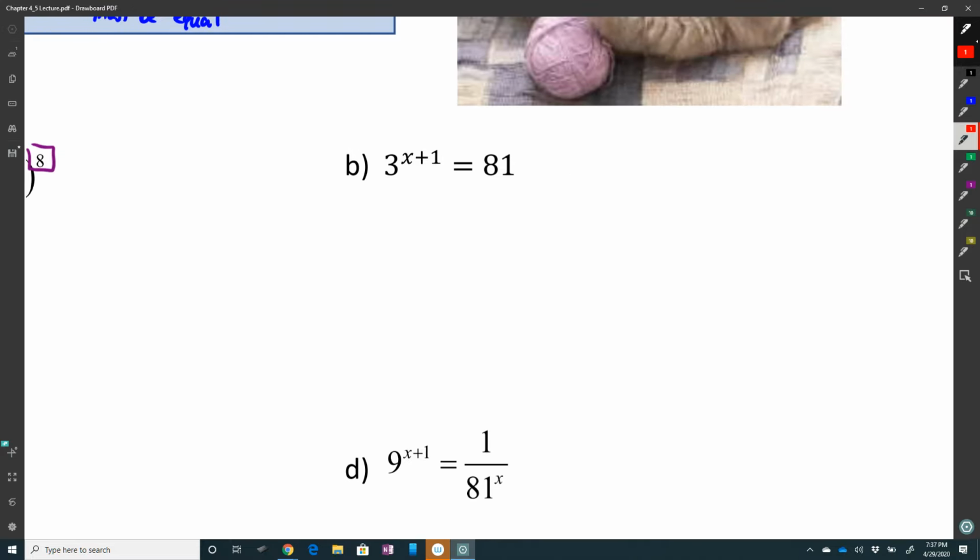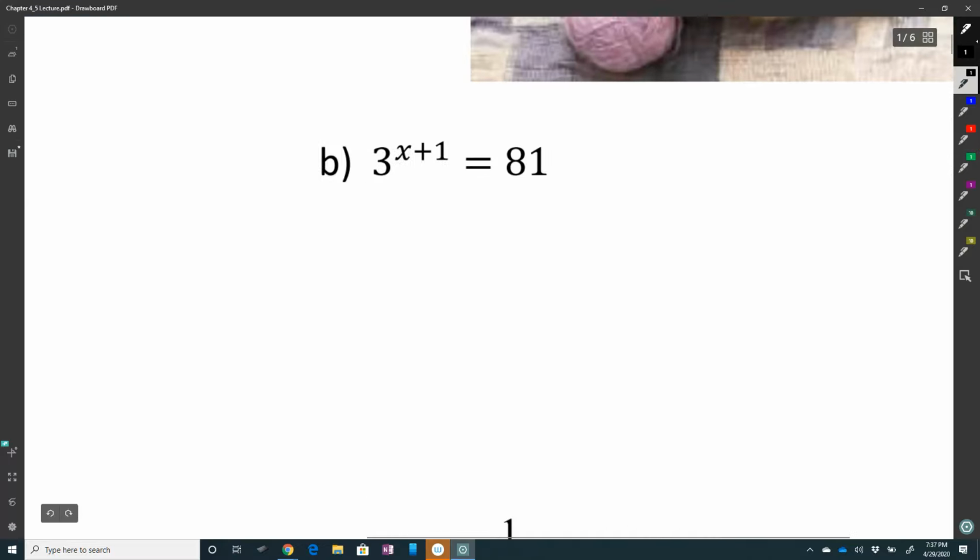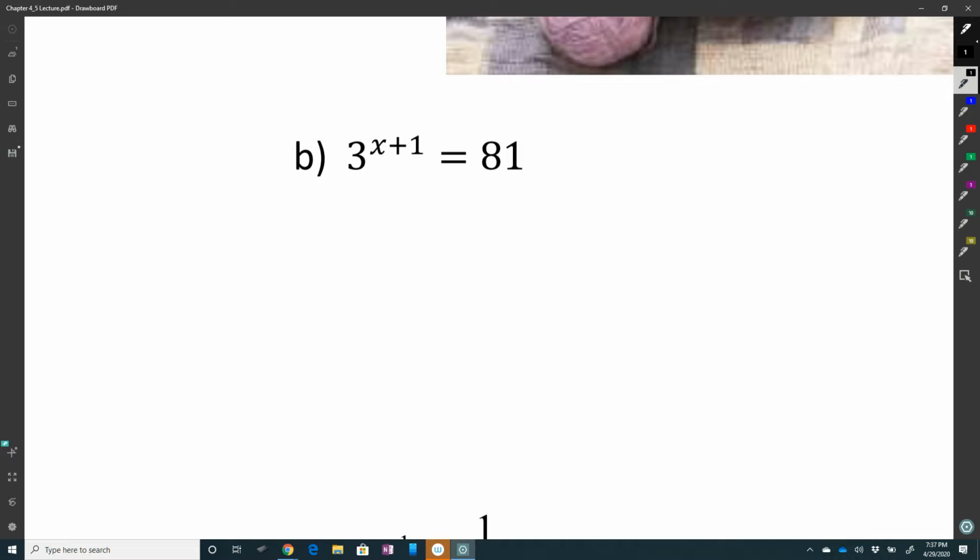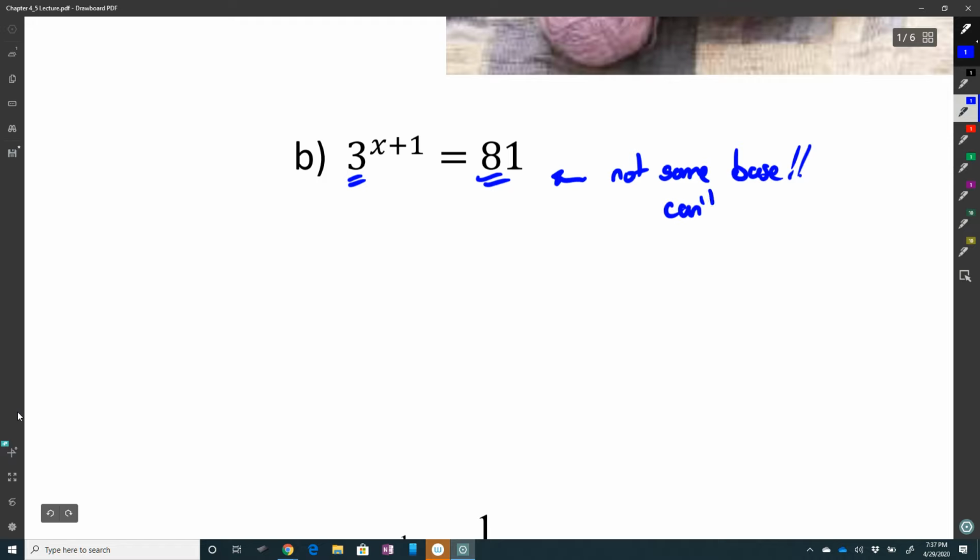3 to the x plus 1 equals 81. So here, this is more in line with what you're going to see on the homework. Okay. Notice that they're not the same base, so we can't use the exponents yet. So instead what we need to do is turn 81 into a power of 3.